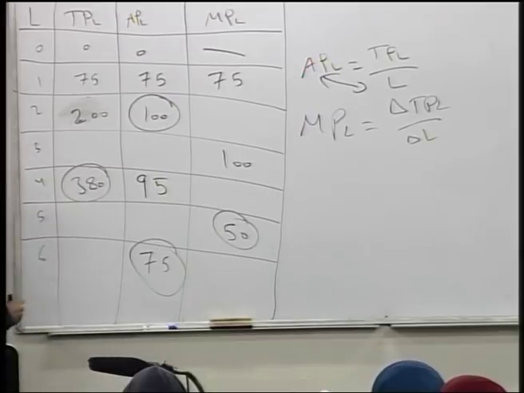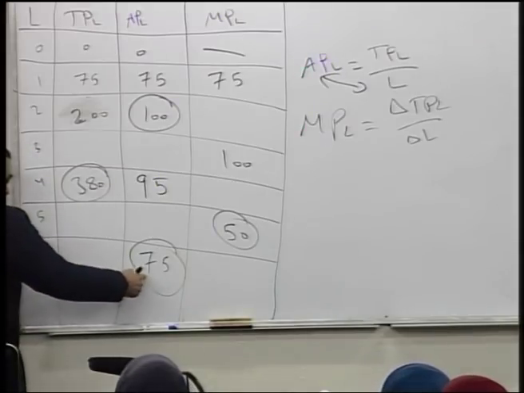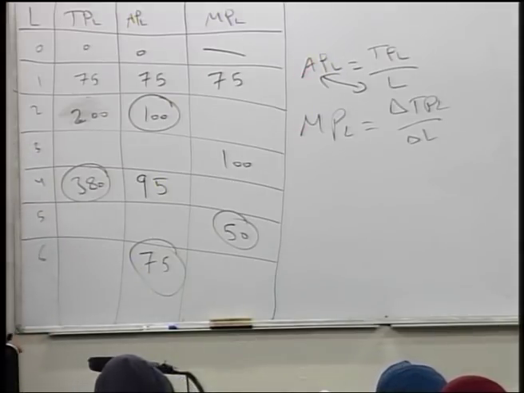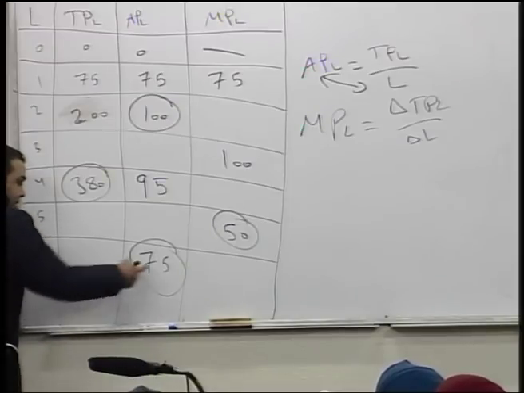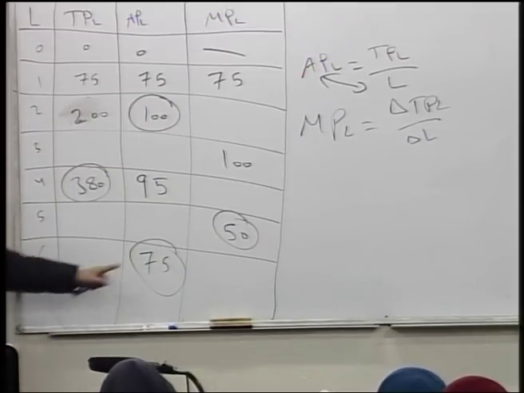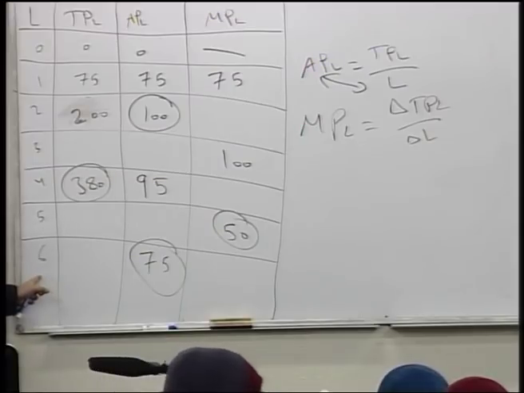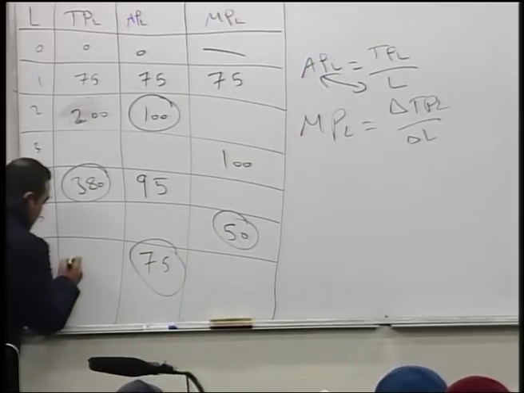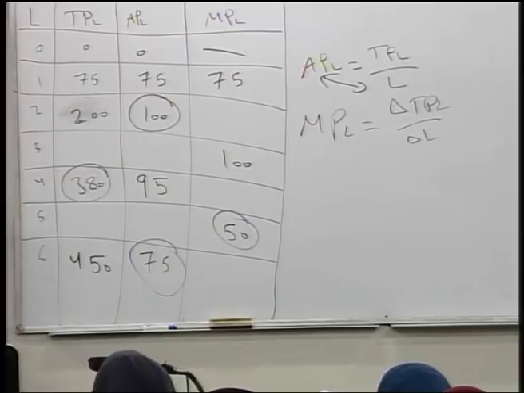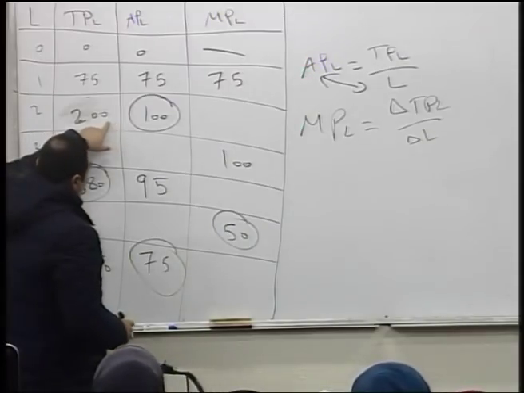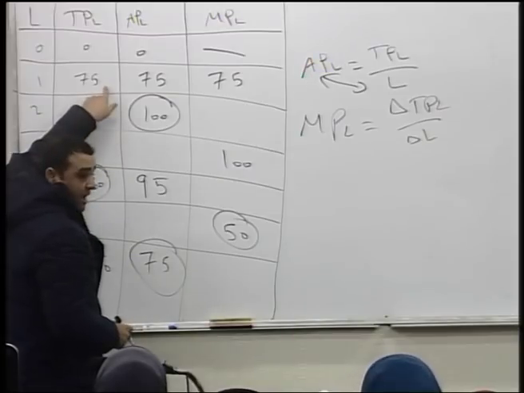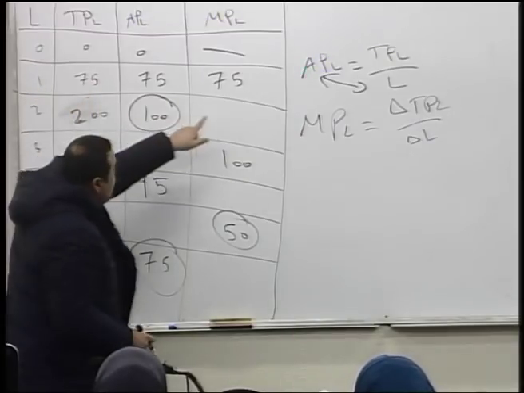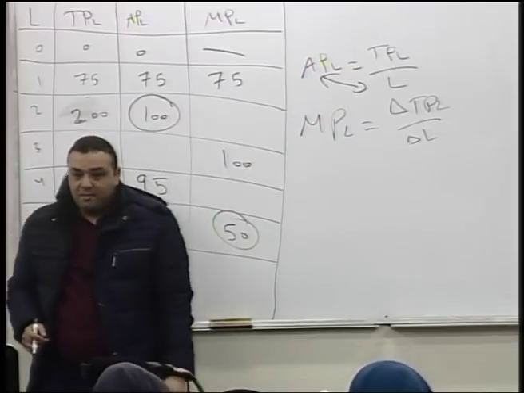Okay. What else? Multiplied by, 75 times 6, how much is it? And 200 minus 75 over 2 minus 1 will give us the marginal production labor here.